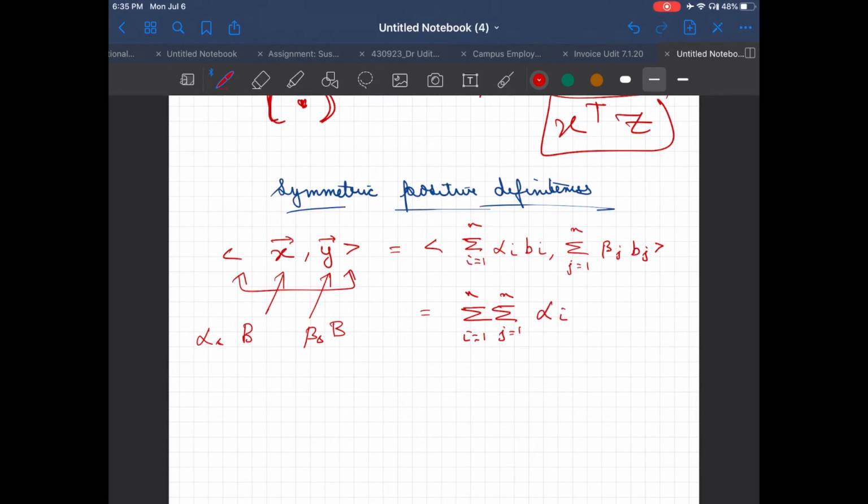And hence we can get these alpha_i's together, b_i, b_j, which are the column vectors representing the basis, and beta_j, which represents the coefficients of y.